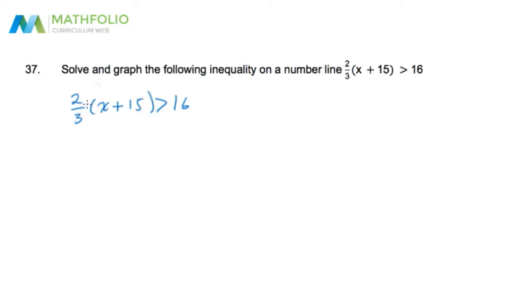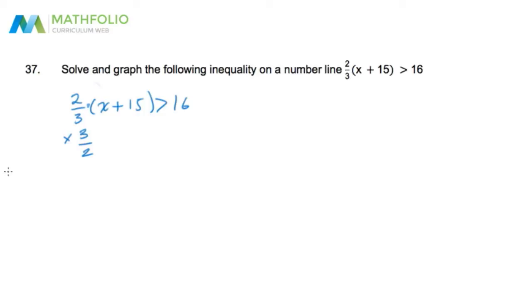But really, because this is 2/3 times everything in this parentheses, I can get rid of the 2/3 and turn it into a 1, which basically evaporates this whole thing by just dividing by the 2/3. And because it's a fraction, instead of dividing by 2/3, I can multiply by the reciprocal.